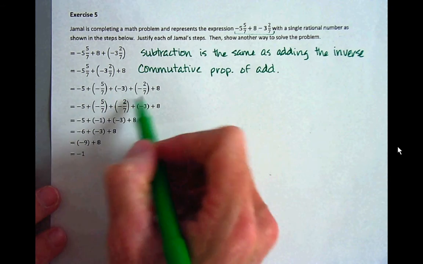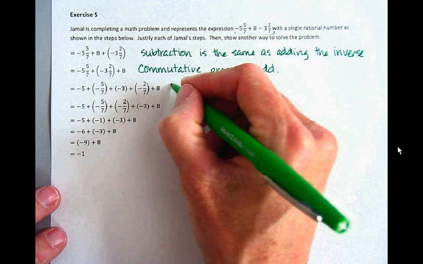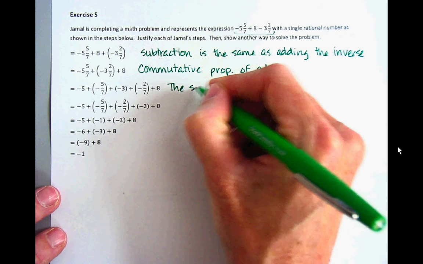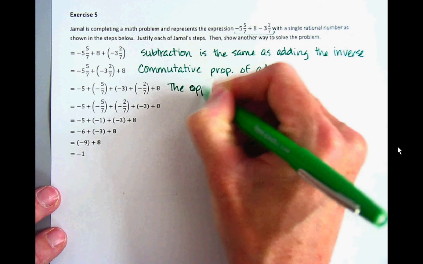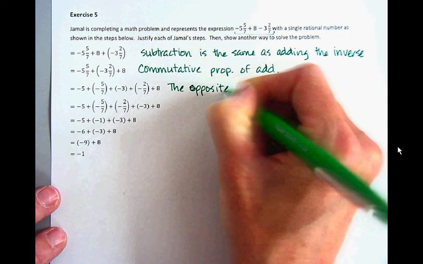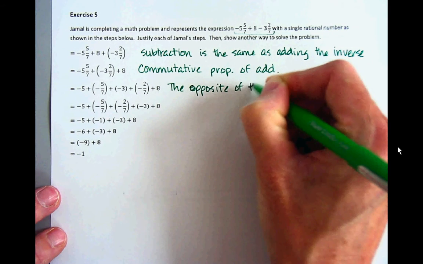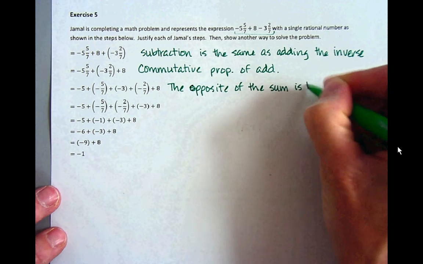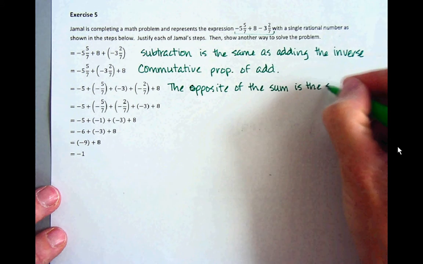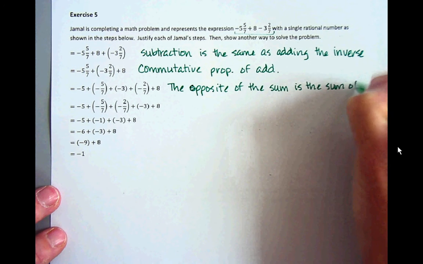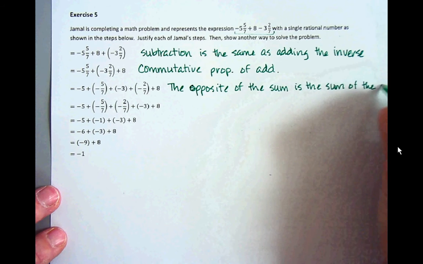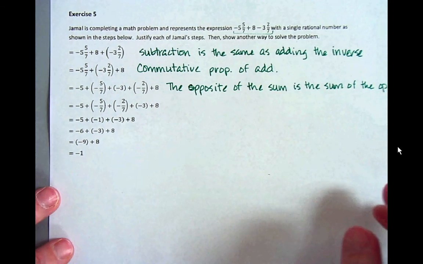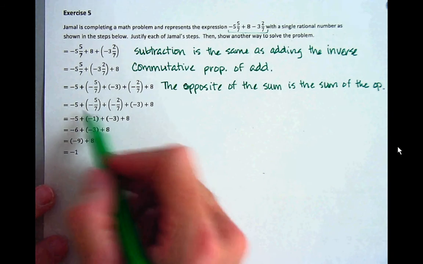Minus 3 2/7 is split up, so this is the sum of the opposites, or the opposite of the sum is the sum of the opposites. I'll just abbreviate that.